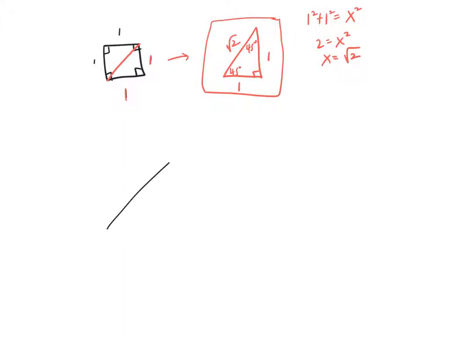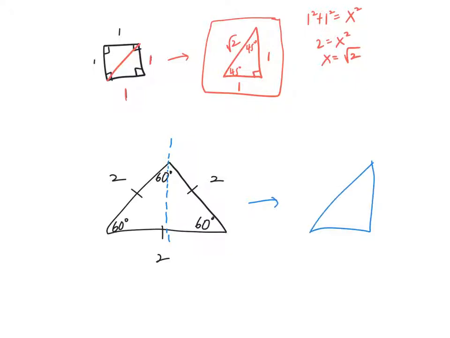Now imagine we have an equiangular or equilateral triangle. So all the side lengths are equal, and it's 60, 60, 60 degrees. Let's make the side lengths 2 units, like 2 centimeters, 2 meters, 2 inches. It could be anything. Let's say if I were to fold it in half or cut it in half, what kind of triangle would I get here? It would be a right triangle here, that's a 2.